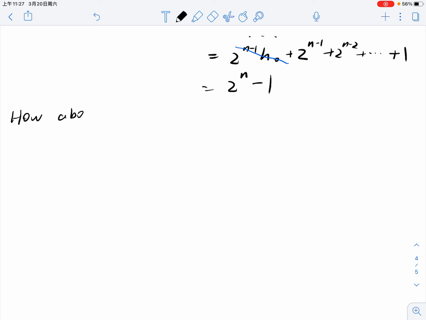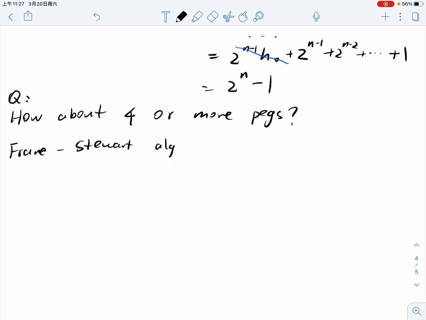Okay, before we study the general method, let's talk a little bit about the general case of the Hanoi puzzle. So how about 4 or more pegs? So here is the Frame-Stewart algorithm.